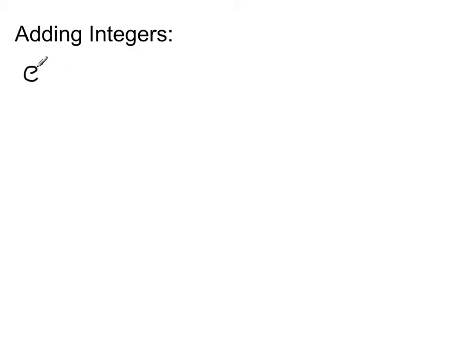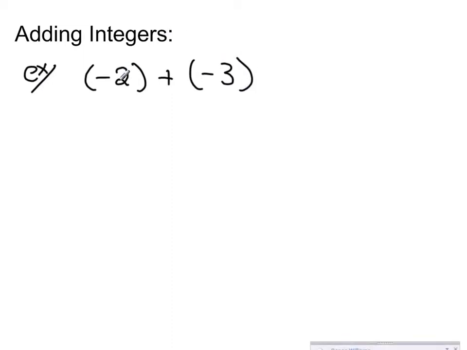To start us off, we'll start off nice, I hope. We have -2 plus -3. So this is what we got to acknowledge. When we're adding two things, if they're both sharing the same sign, you're just going to add the absolute value of the digits you're working with and keep the sign that they both have.